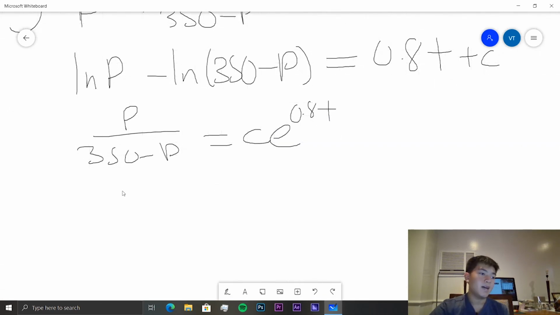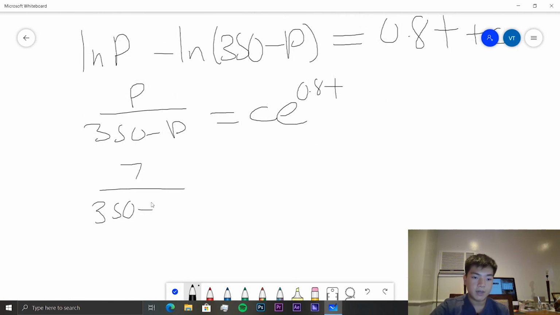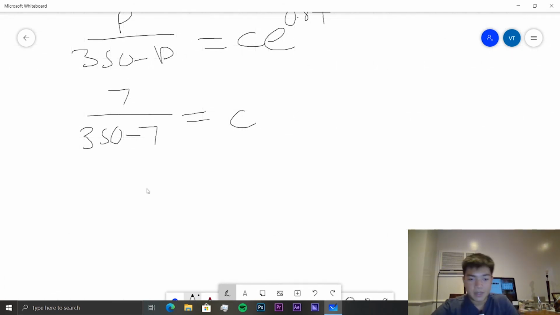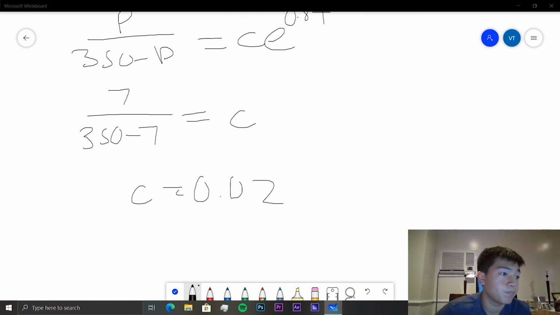So at the outbreak, 7 people were infected. So we have 7 over (350 minus 7) is equal to c, and then time is 0, I believe. So c will be equal to 7 over (350 minus 7), which is around 0.02.